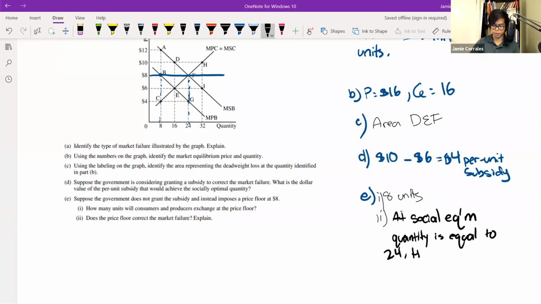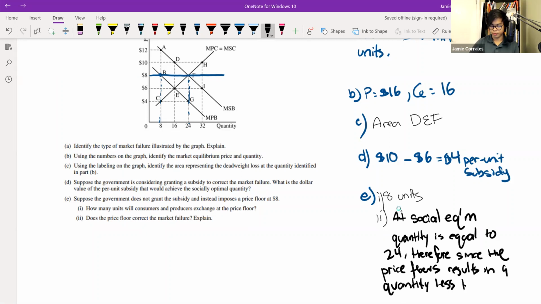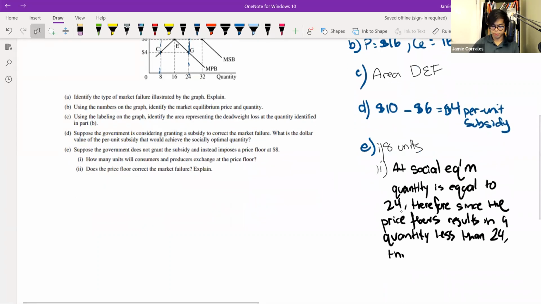So therefore, since the price floor results in a quantity less than 24, this does not correct it.